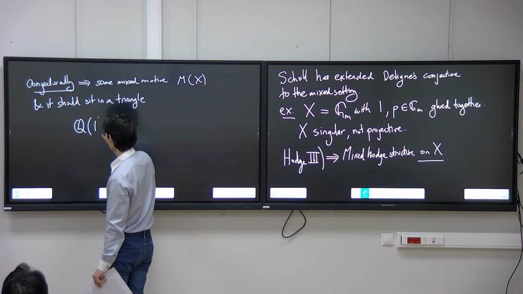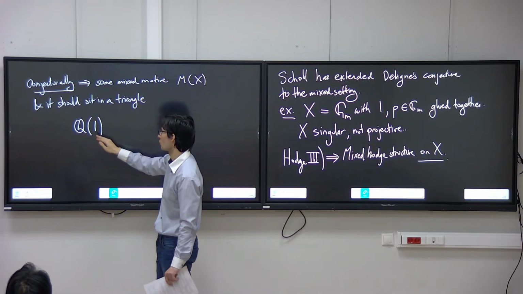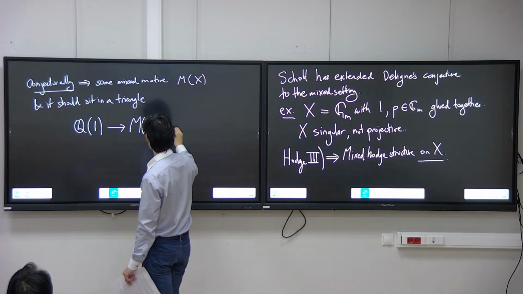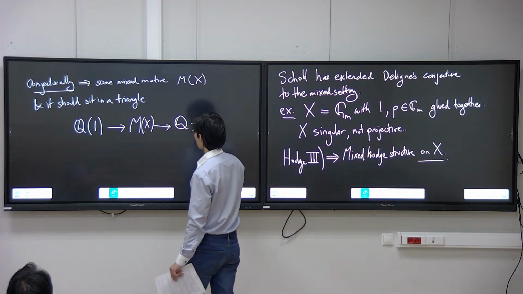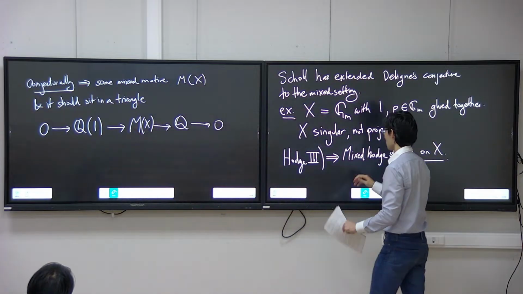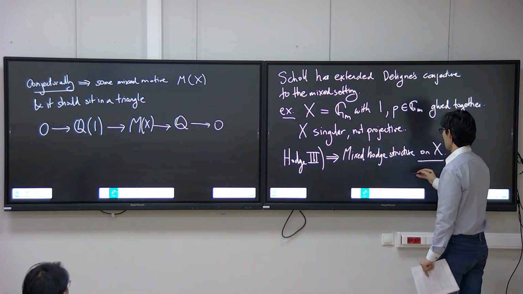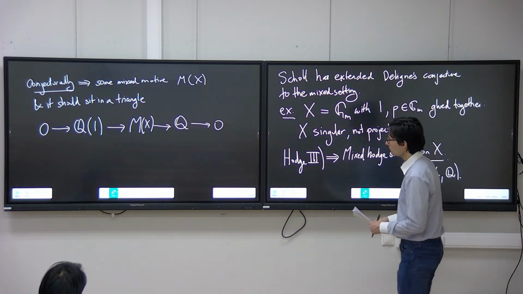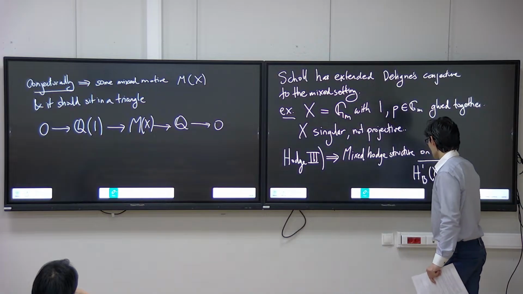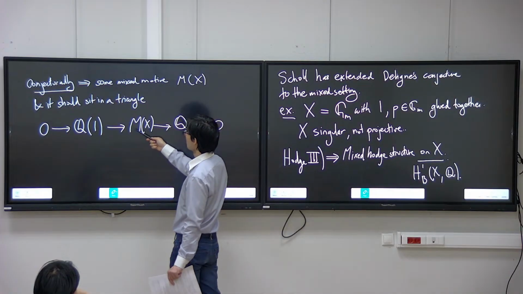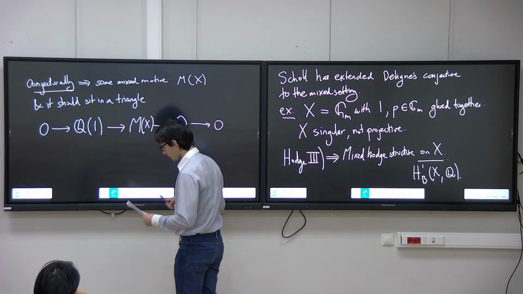This is the Tate motive, because we're dealing with rational coefficients, so Q, not Z here. M of X and Q. There should be some extension like this, coming from the mixed Hodge structure on, more precisely, H1 Betti of X. So if you look at the mixed Hodge structure, which has weights 0 and 1, the conjectural mixed motive should sit in a triangle like this.